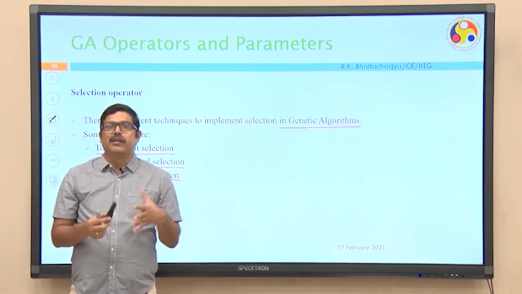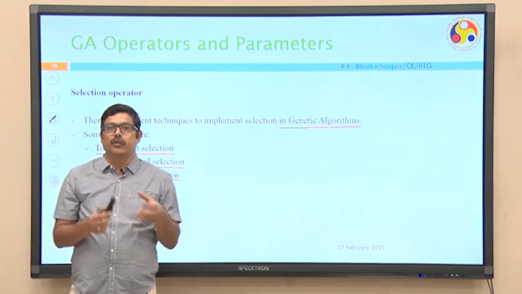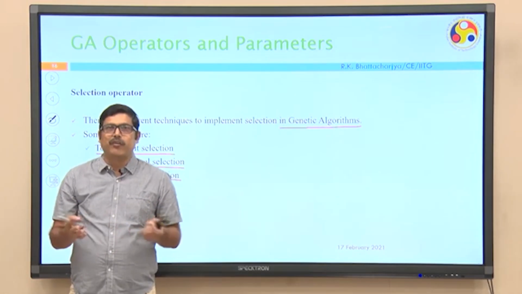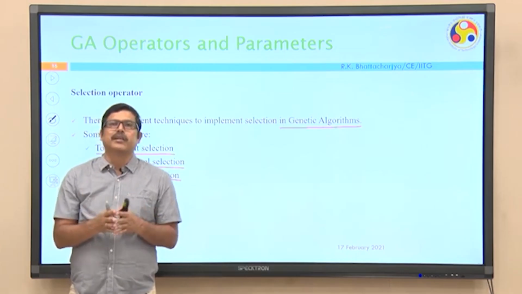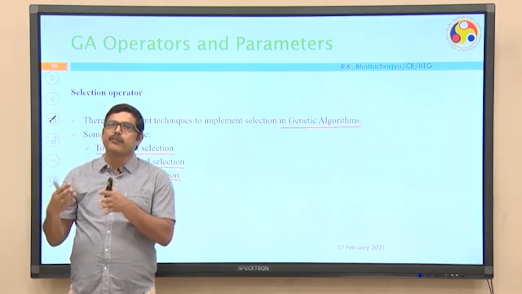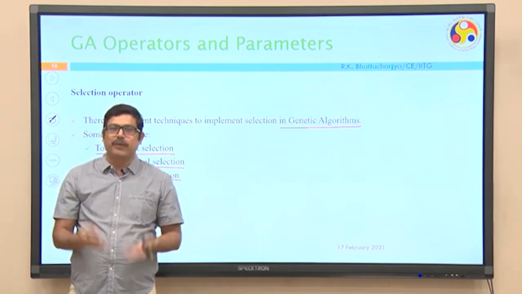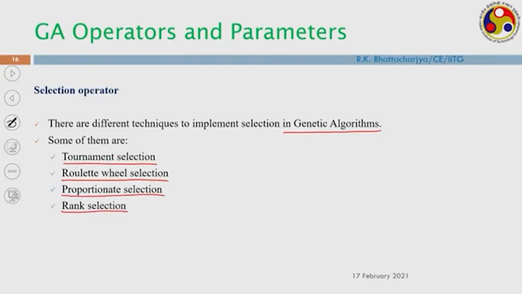That is the function of the selection operator. You can have different techniques, but the objective is to eliminate the inferior solution and get multiple copies of the better solution. That you have to implement. I will discuss them one by one.